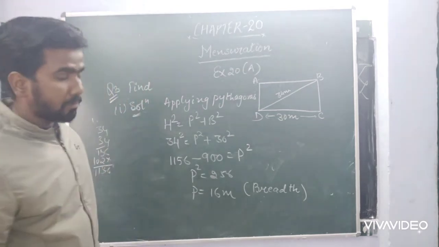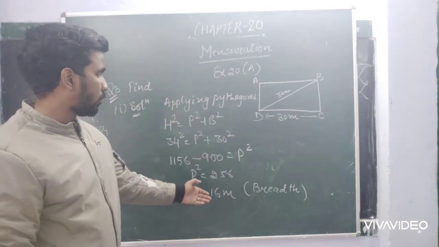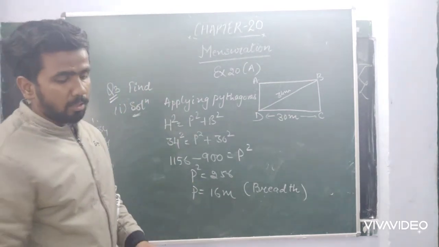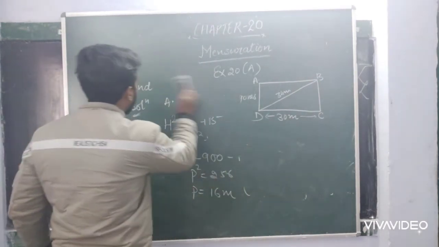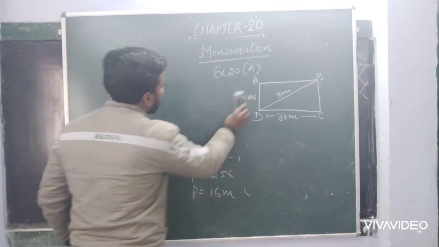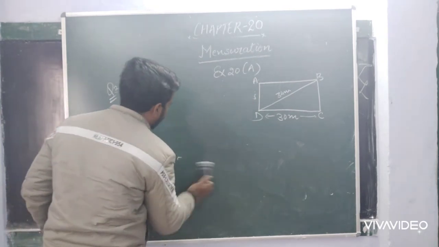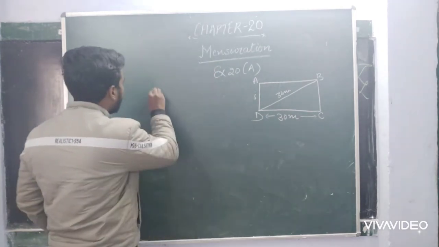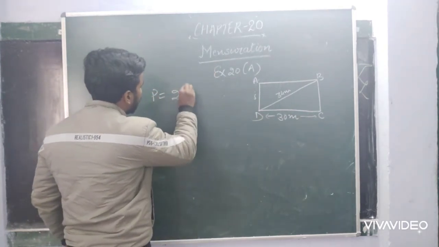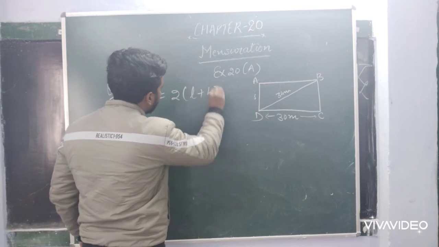Now the length is given and we have found the breadth. Just put it in the formula of perimeter and we can easily get our answer. So perimeter will be equal to 2 times (L plus B).